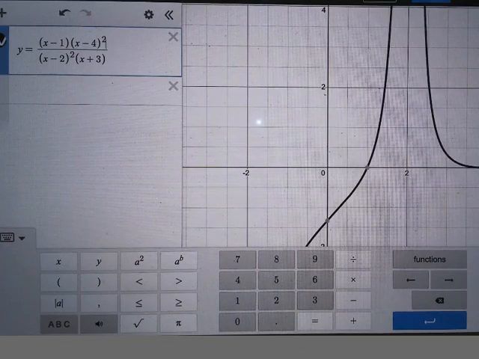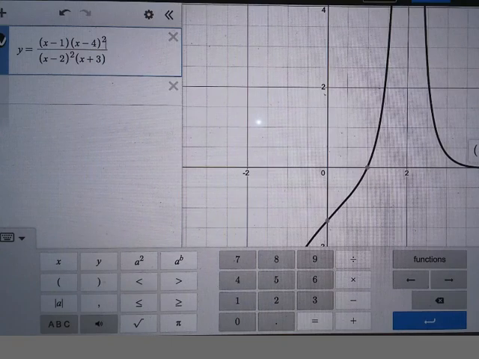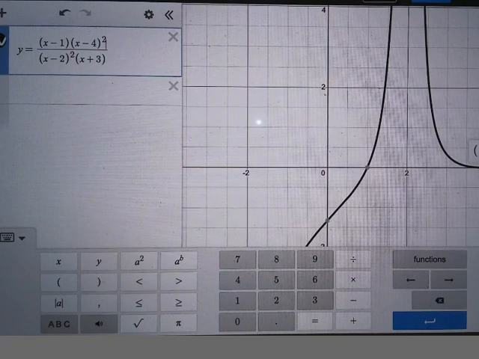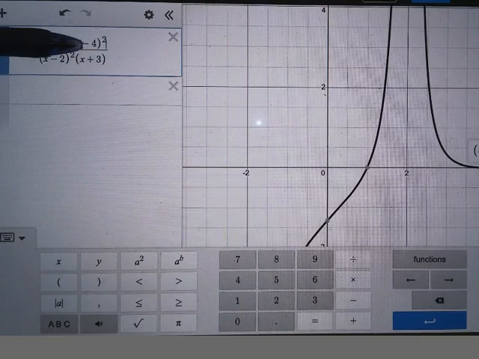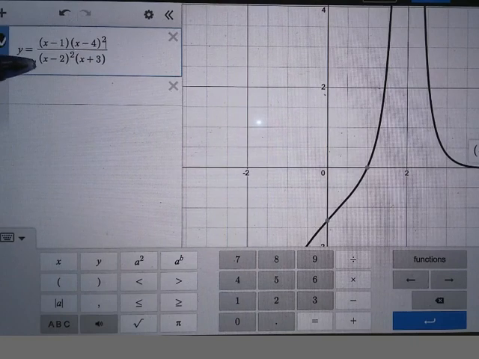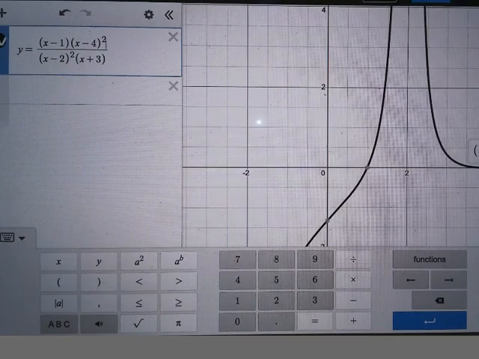So now it bounces. Still goes through 1, and it bounces at 4. Okay? So, understand how to read this for x-intercepts and for vertical asymptotes.